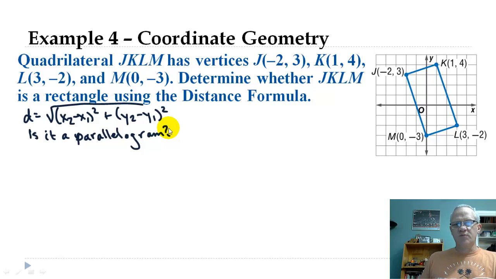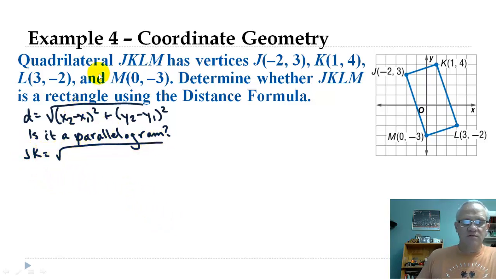If it's not a parallelogram, it can't be a rectangle. So using the distance formula on a parallelogram, remember the opposite sides are congruent. So the first thing we have to do is figure out the distance from, say, J to K and M to L. If those are the same distance, great. If they're not the same distance, then we know this is not a parallelogram and we're done. But let's start with JK.